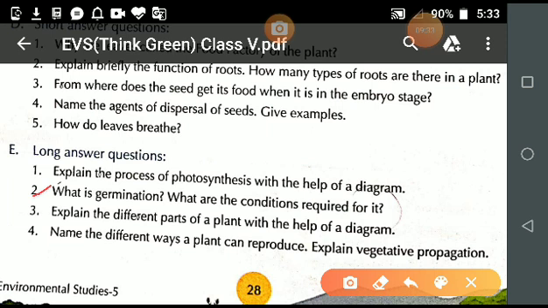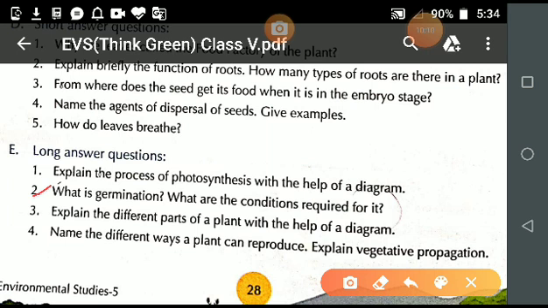The root enters the soil and starts absorbing water and nutrients from the soil, and after that the shoot system slowly starts developing. The stem will come, small leaves, branches. In a slow manner it develops into a big plant. But the first part that comes out from the seed is the root.